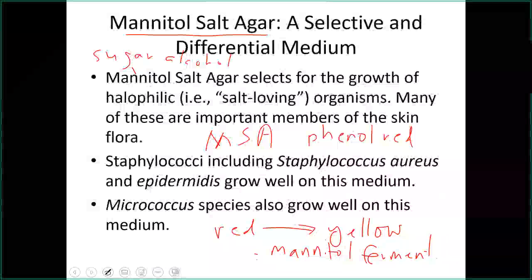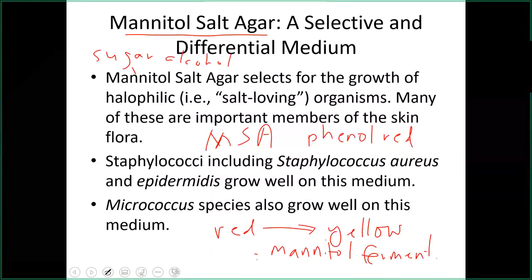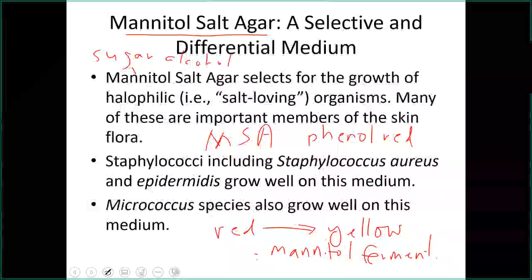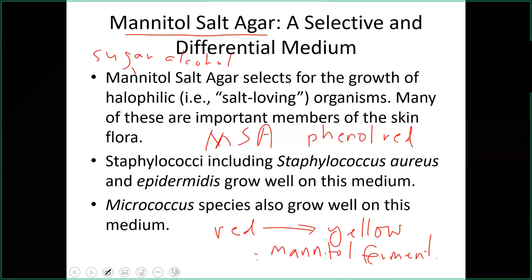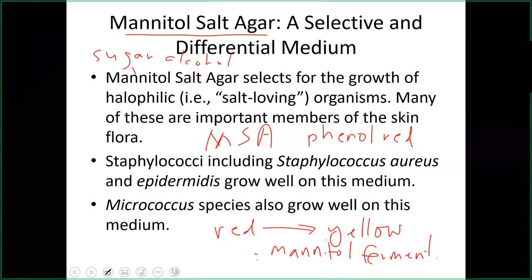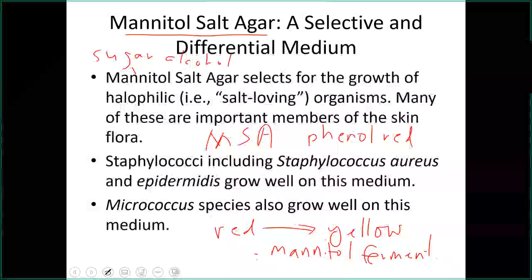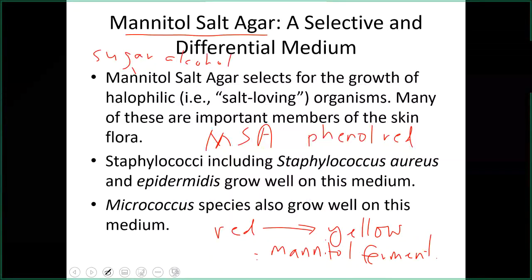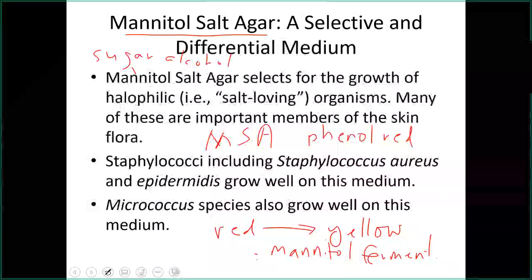It obtains nutrients from other sources, and it's not affected by salt. Right? It's a salt-loving organism. And then the other possibility is the organisms grow and they use mannitol and produce acid, and you get a color change. Okay? So you can have no growth, you can have growth without color change, and you can have growth with color change. Those are all three possibilities.